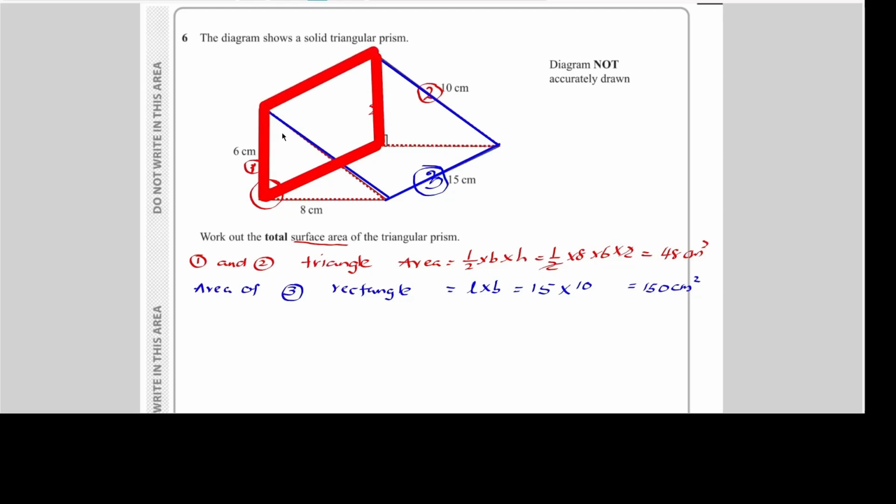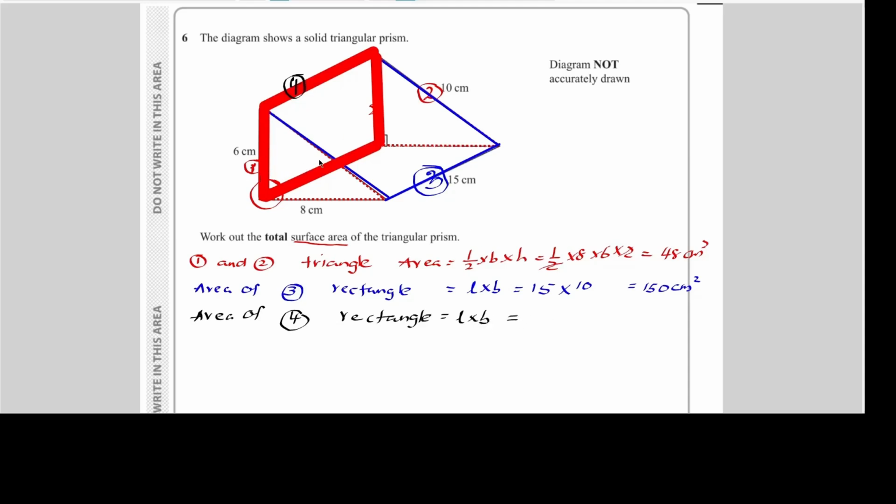Now, this is also a rectangle. So let's get the area of this one, which is a rectangle. Let's label it as figure 4. So I'm getting the area of the fourth face, which is a rectangle. Area of a rectangle equals length into breadth.